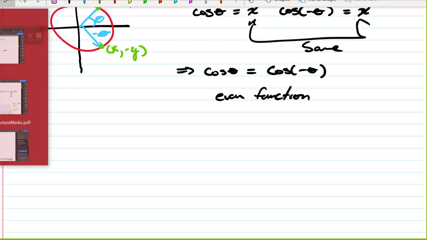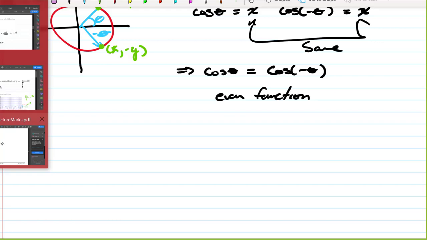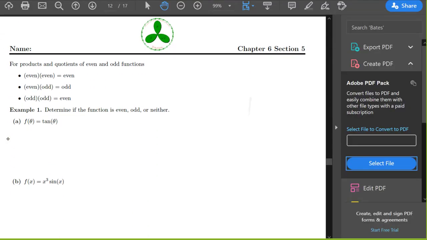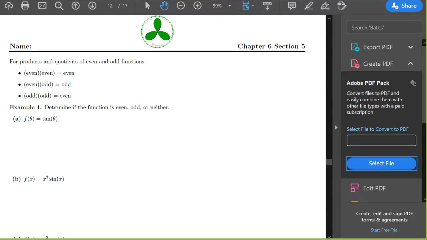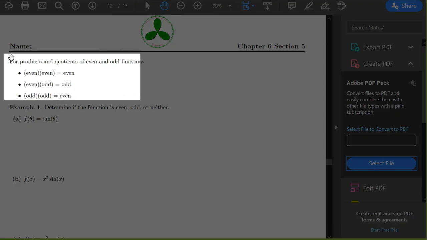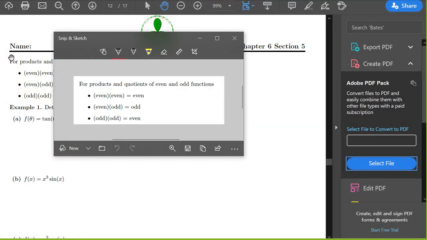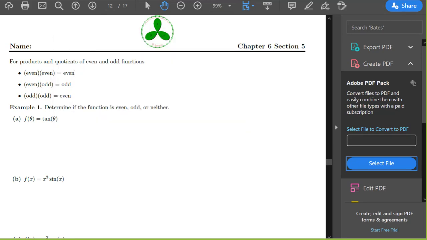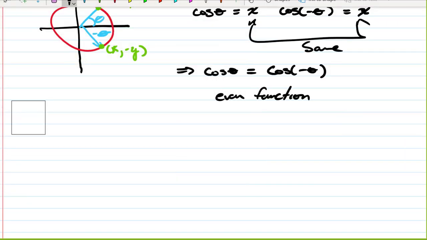So it turns out we have some properties of even and odd functions that will be helpful when it involves products and or quotients.